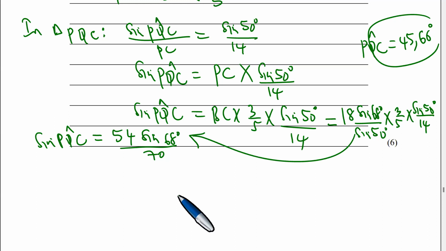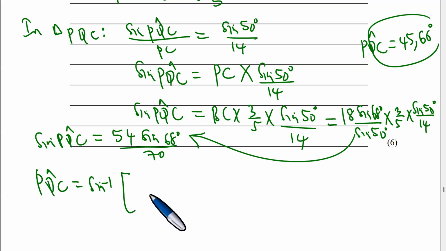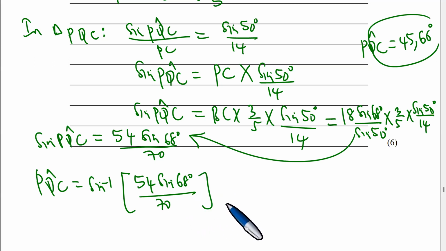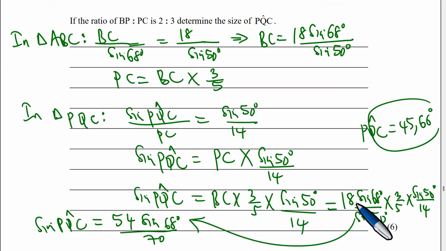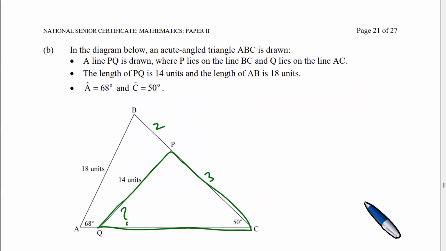Right, and when you get to that point, you have PQC, which is arc sine of 54 sine 68 degrees divided by 70, which is, as you said, if you use a calculator, arc sine that is 45.66 degrees, approximately, and that is the answer. Okay, so you're really on point in doing this question.